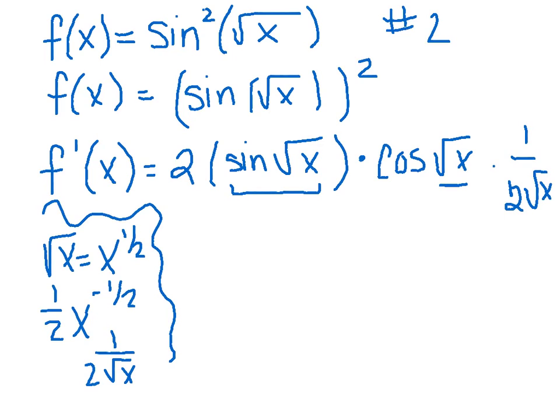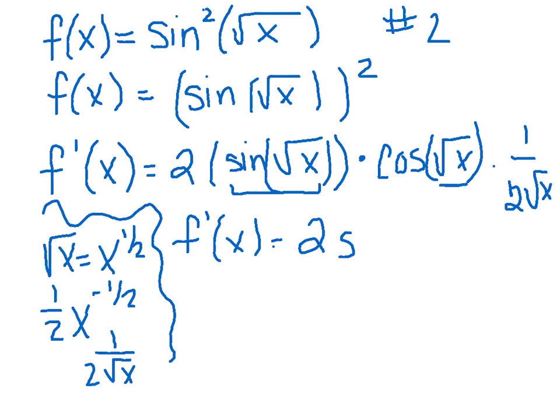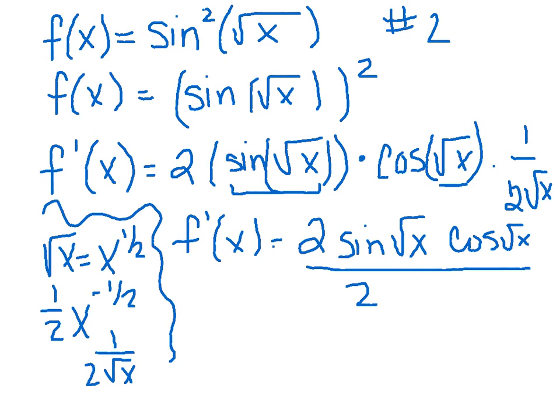It does look like you could cancel out square roots, but remember this one's inside the cosine, and this one's inside the sine. Writing this a little neater, we have 2 sine square root of x, times cosine of square root of x, over 2 square root of x.